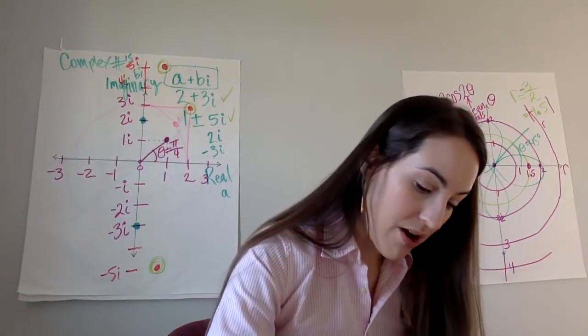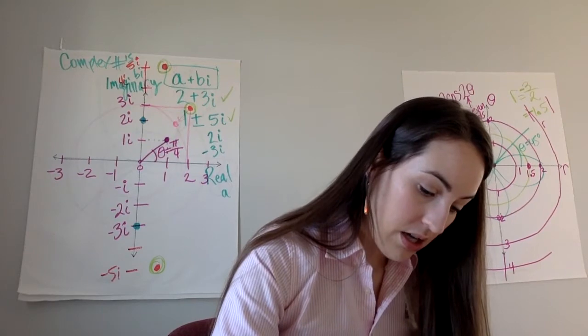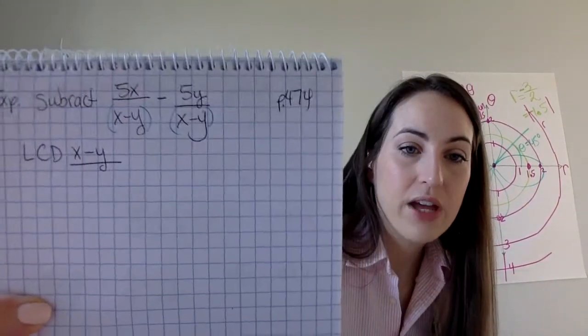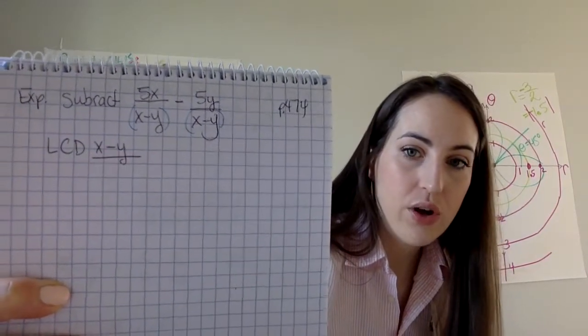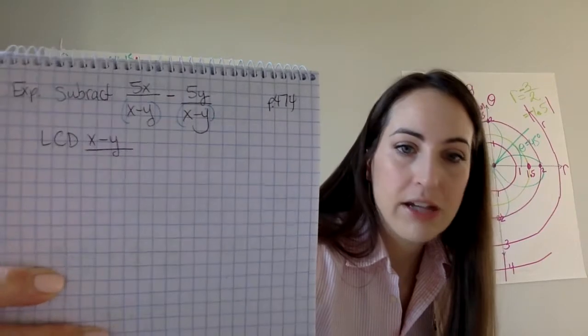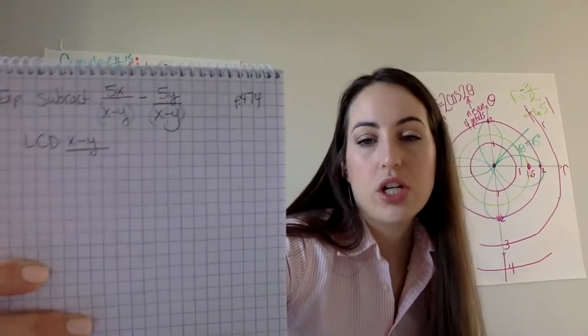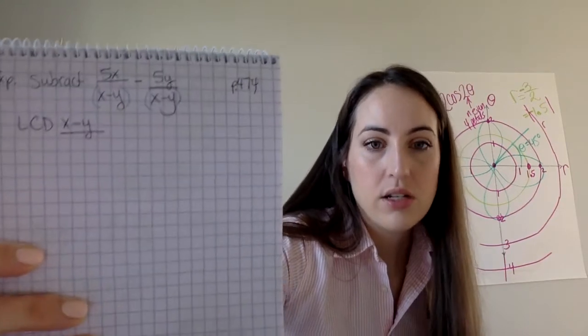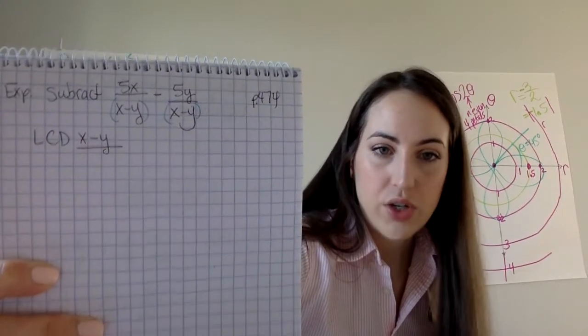So when you're comparing LCD, the least common denominator, well, they each have an x minus y once, so they already have a matching pair of factors. It's the x minus y, so we don't have to change anything. It already has common denominators for us. So our LCD is x minus y, that's already done.